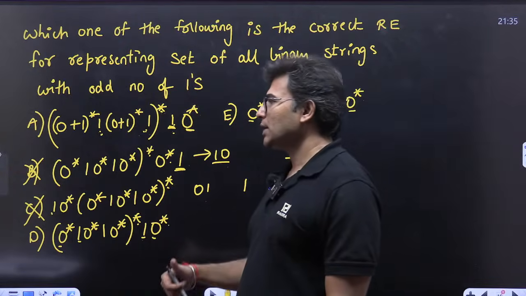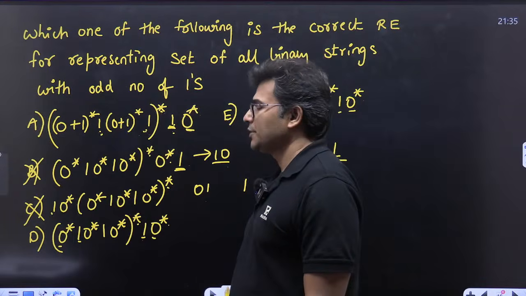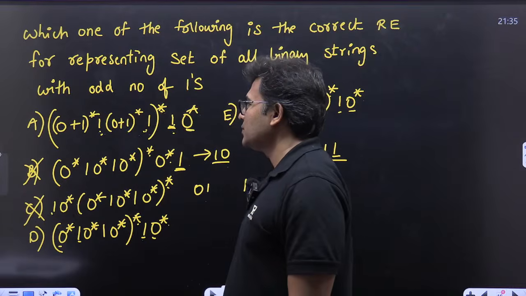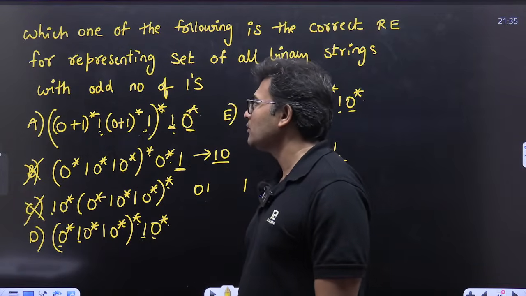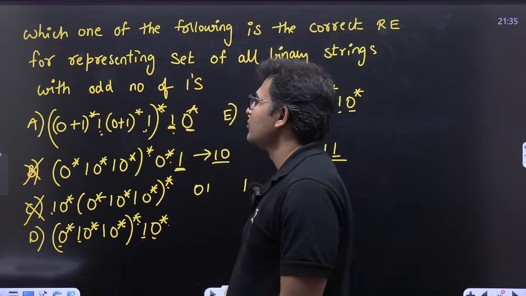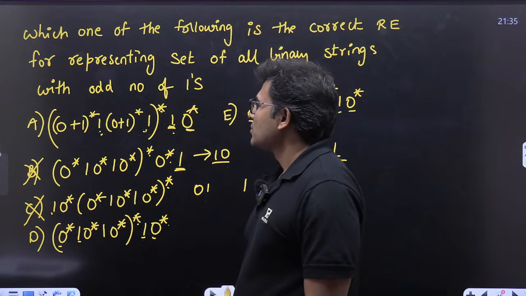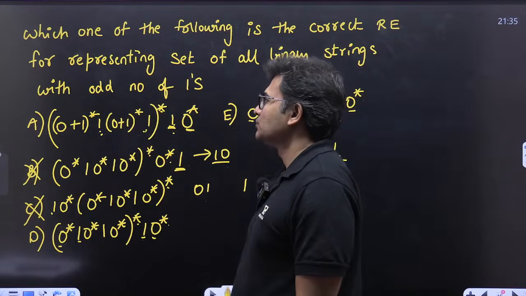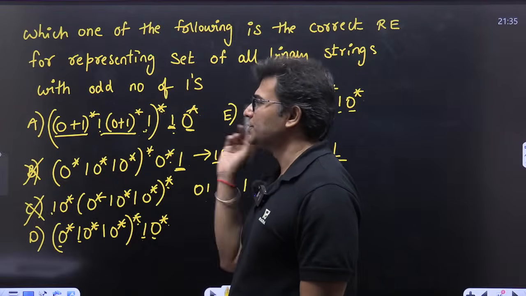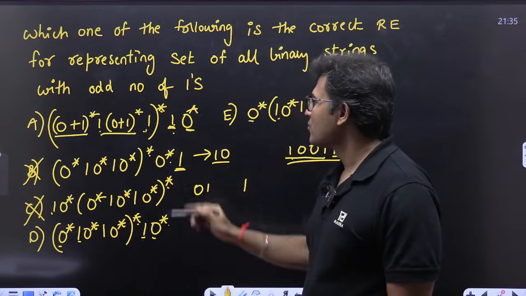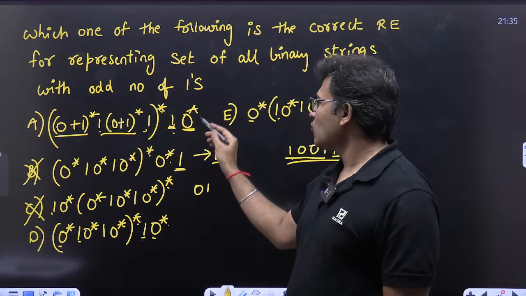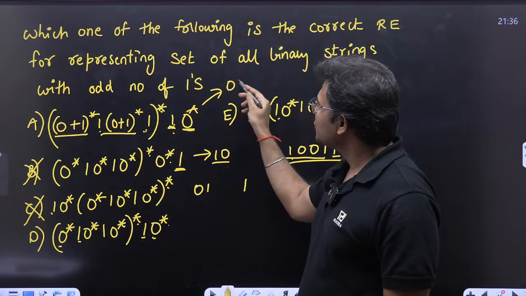Now can you check any other thing which cannot be generated here? Just write down some strings which contain a single 1 and see why it cannot generate it. Now if I have to generate zeros, I have to use this or this, there will be at least 1 1. Let us say I want to generate 0 0 1.